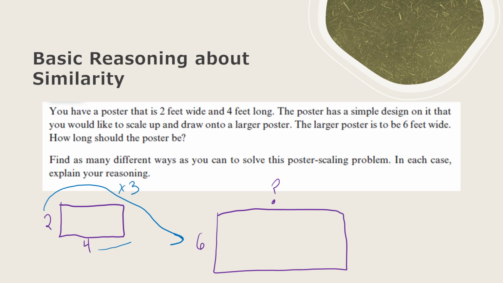So I'm going to need to do the same to get to here, so it should be 12. We call this the scale factor method. Or in other words, you recognize a scale factor between the smaller and the larger, and you use that to multiply to find the unknown.